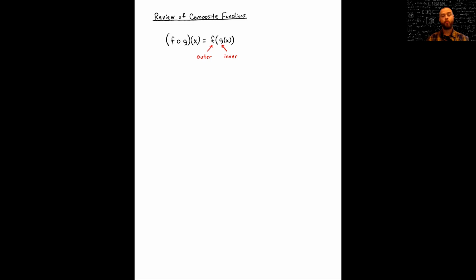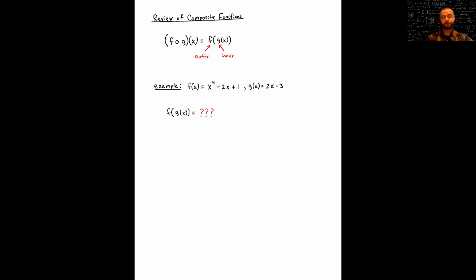We're going to refer to f of x on the outside as the outer function. And we'll refer to g of x as the inner function, since notationally, g of x is inside of f of x. So we'll be referring to inner and outer a lot.